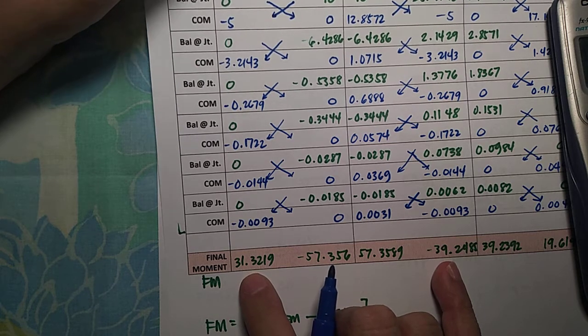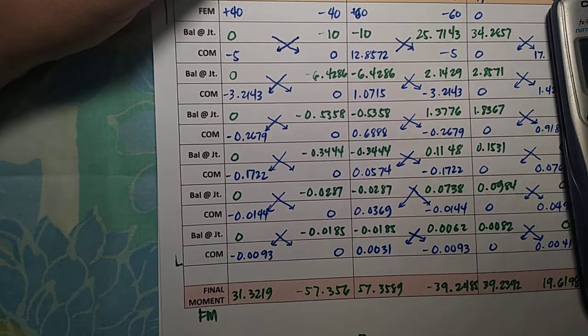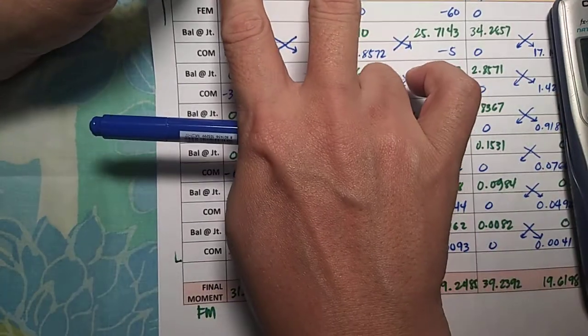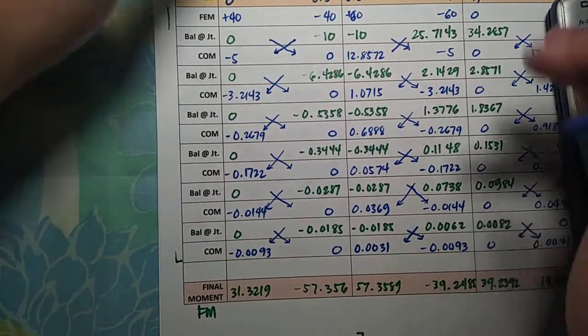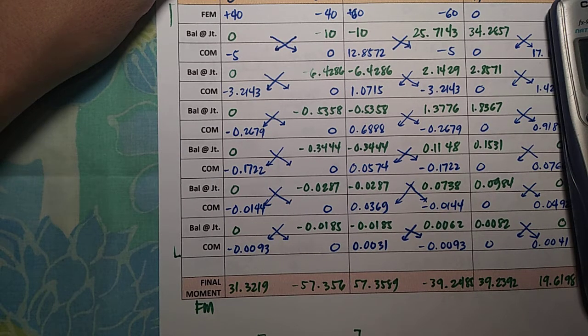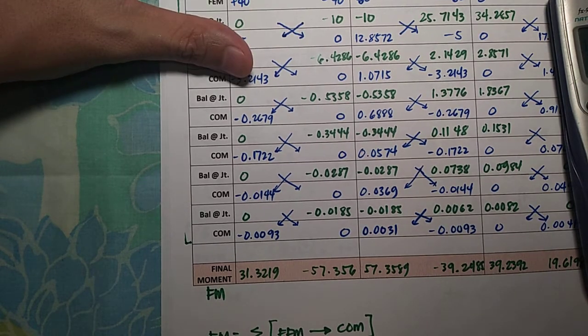What is the true sign of the moment? Counterclockwise makes the beam sad face, so the true sign would be negative 31.3219 kilonewton meter.